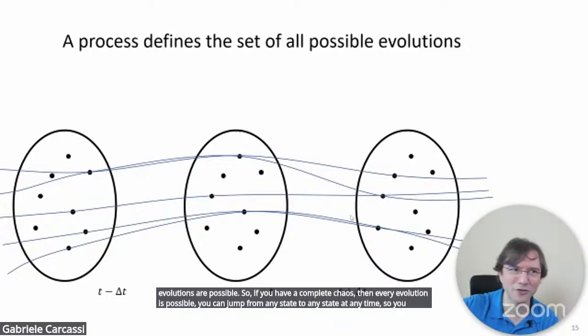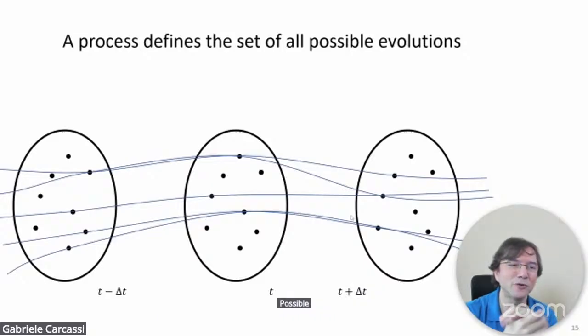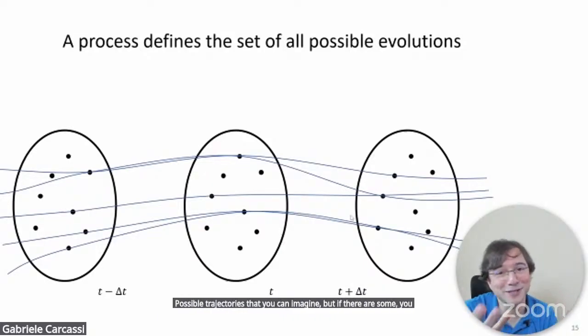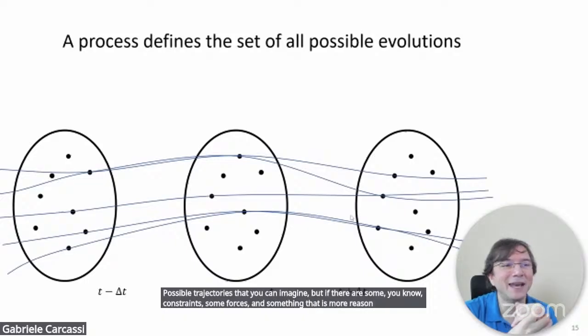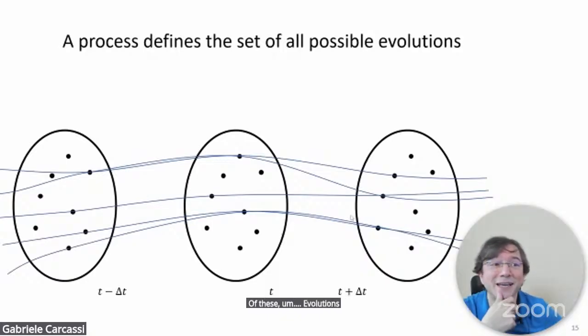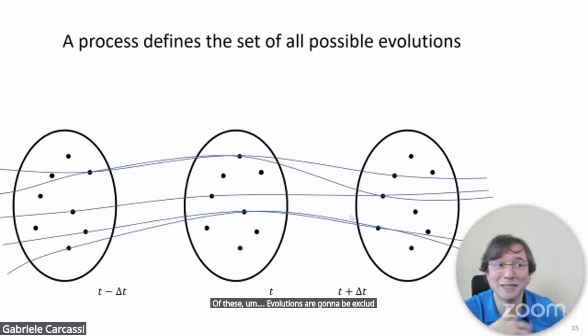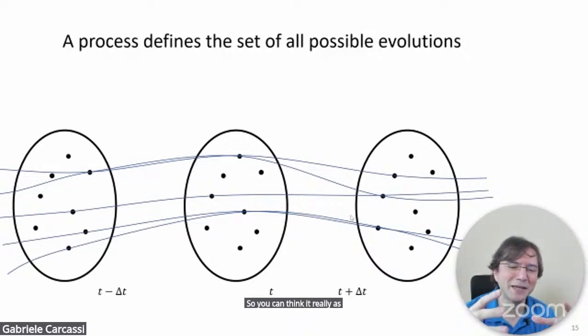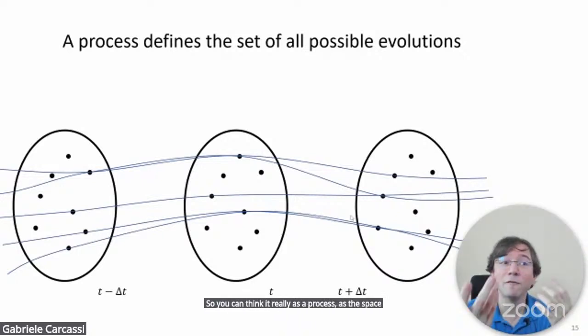So you have all the possible trajectories that you can imagine. But if there are some constraints, some forces, and something that is more reasonable, then some of these evolutions are going to be excluded. They just go away. So you can think of a process as a subset of the space of all possible evolutions.